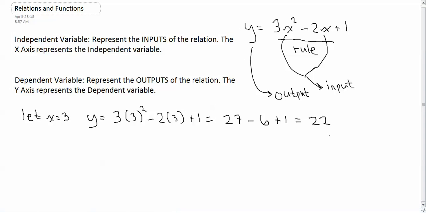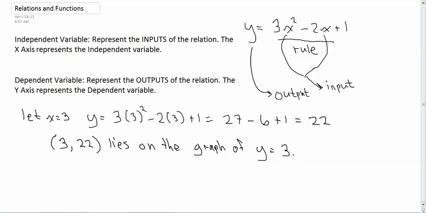So what we see here is when x is 3, we get a y value of 22. So we can have an ordered pair saying that 3, 22 lies on the graph of y is equal to 3x squared minus 2x plus 1.